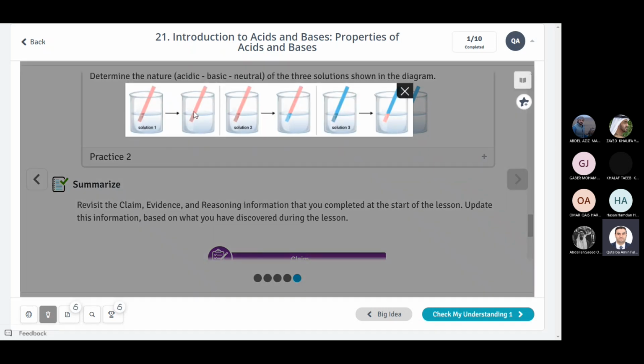Red remains red. Red goes to blue. Blue turns to red. Since it changed its color, it means it is either acid or base. This one changed its color, turns to blue. This is basic. This one changed its color to another color, so blue turns to red. This is acidic. Solution 3 is acidic. Solution 2 is basic.